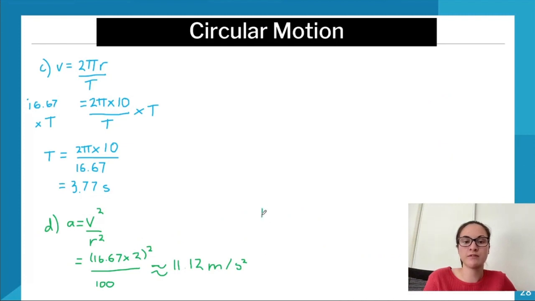So the force, it's a mass, so mass times acceleration. And our mass will be, what's her name? 1,000? Wait, is it 1,000? Yeah, 1,000.